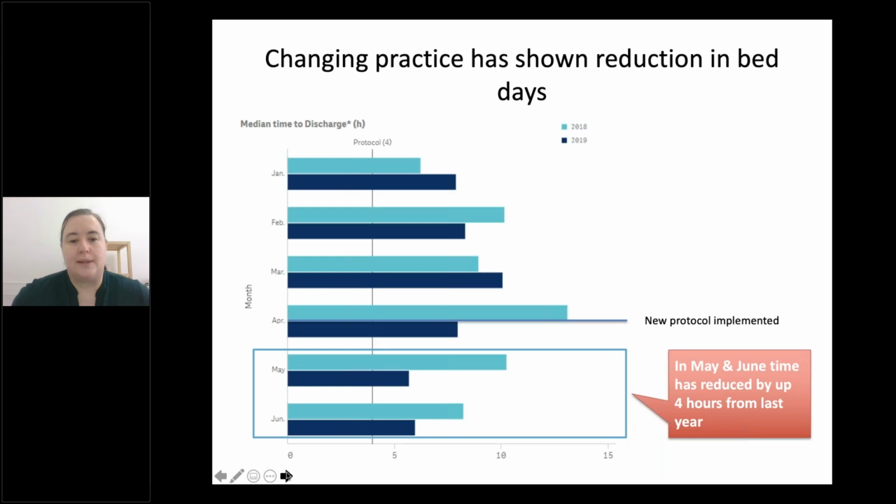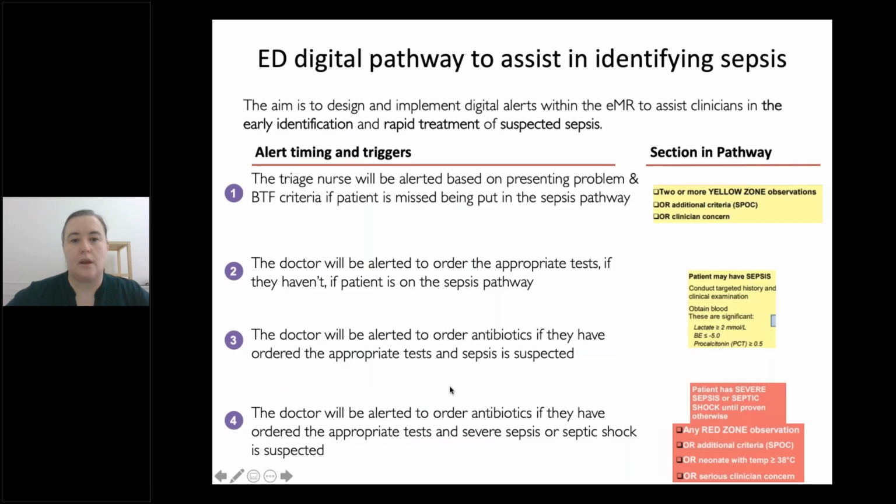The new protocol was implemented in April, and you can see in May and June last year they were able to reduce it to 4 hours, and this continued through the rest of the year. So they were able to keep up this practice, and we're going to continue it this year. This was implemented at Westmead, so we wanted to see if we can implement it at Randwick as well.